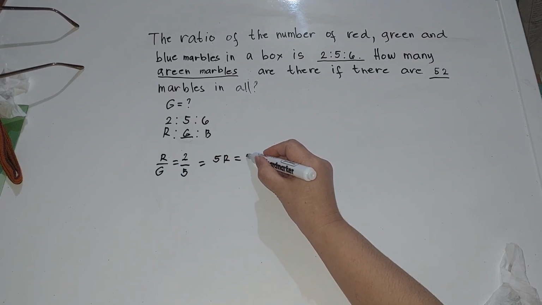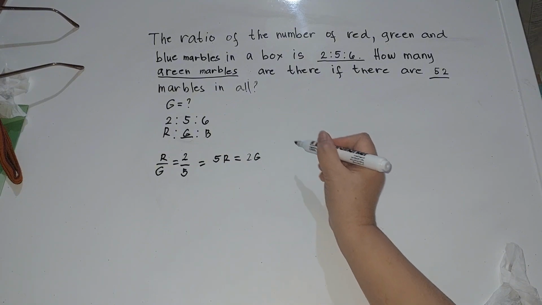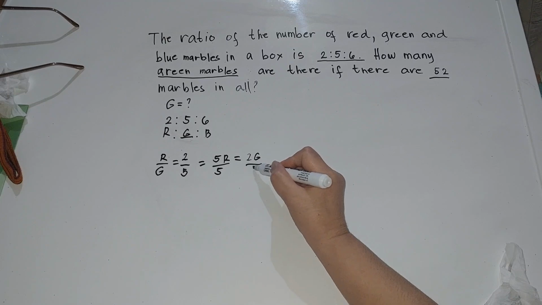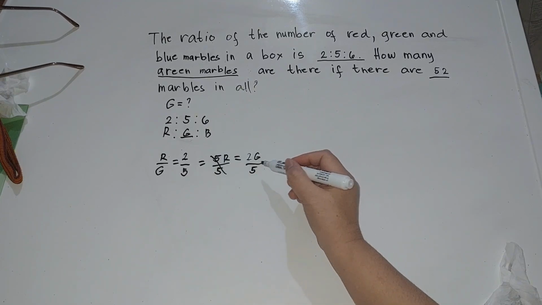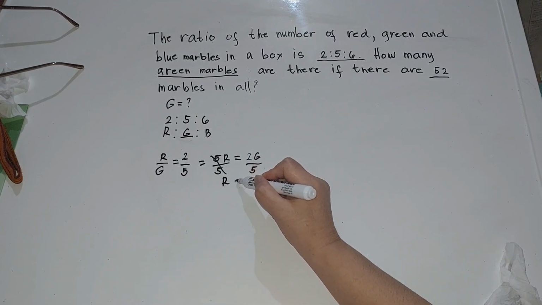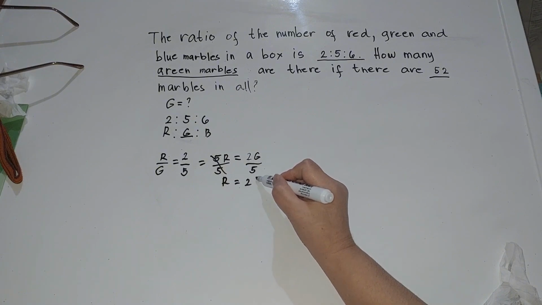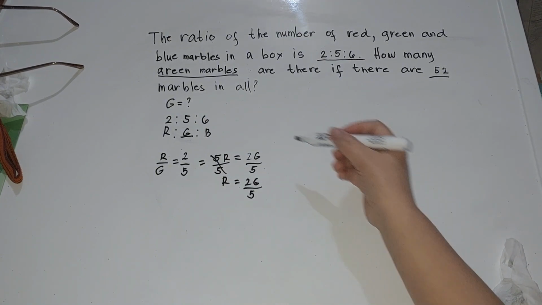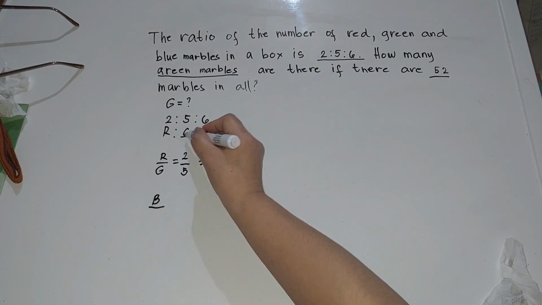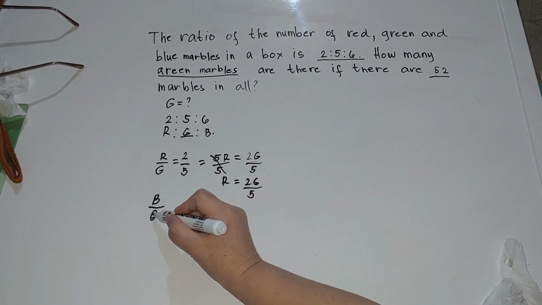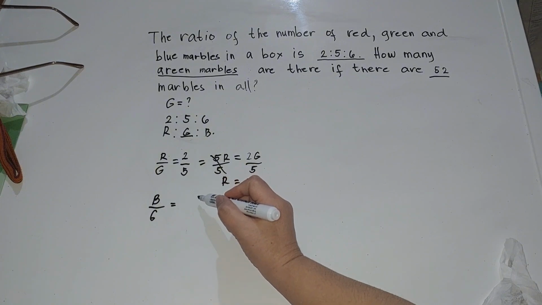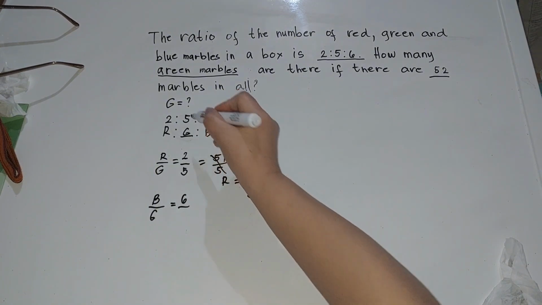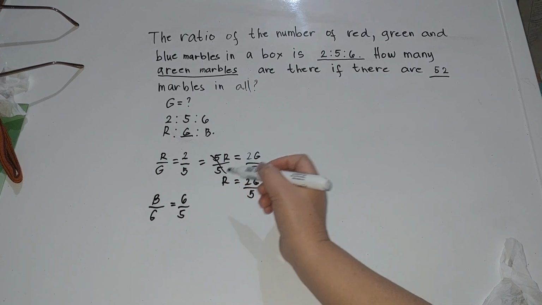2 times G is 2G. So divide both sides by 5 to cancel this. So R now is equal to 2G over 5. Next, let's equate B to G. B over G is equal to 6 over 5.